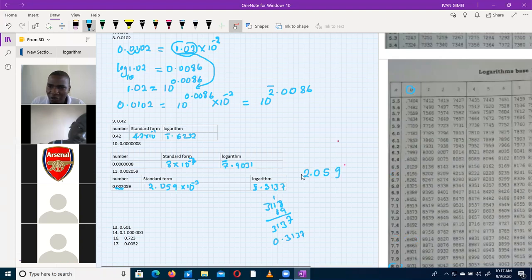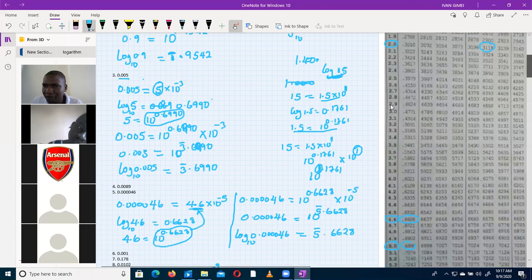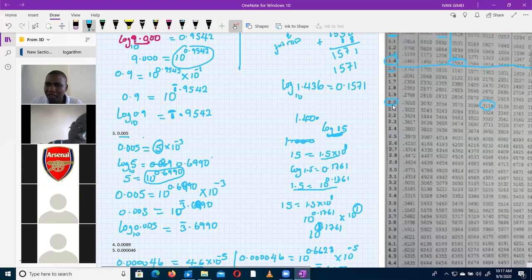These first 2 are obtained from the column headed X. Then this 5 is obtained from the first row. Then this 9 is obtained from the section of add, like that. So 2.0, we have 2.0. 2.0 is here. That's our 2.0. You're seeing it?